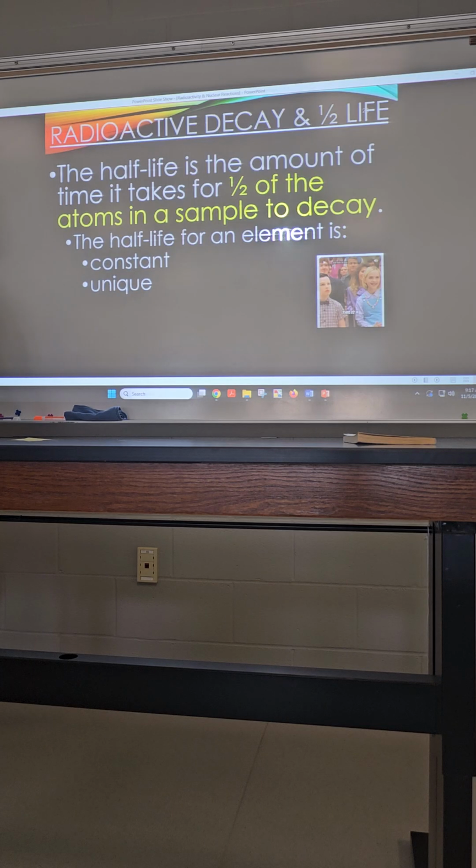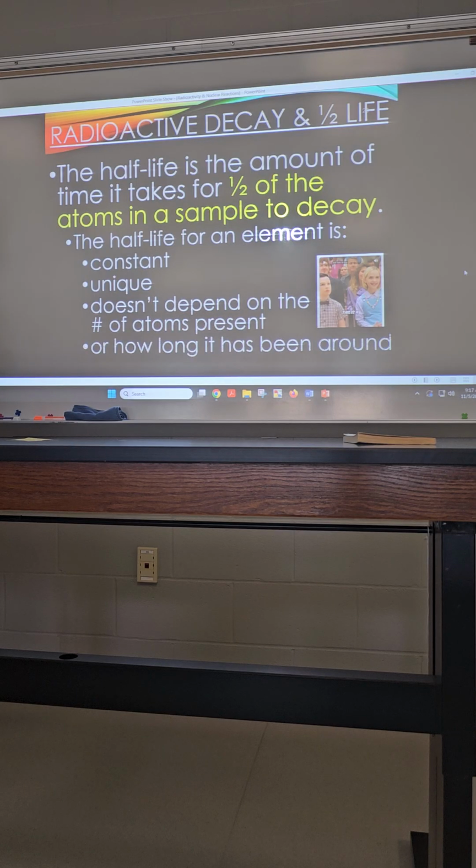Each isotope has its own half-life, and that can range from seconds to millions of years. It doesn't depend on the number of atoms that are present. It's just half of the sample, whatever the sample is. And it doesn't matter how long it has been around either.